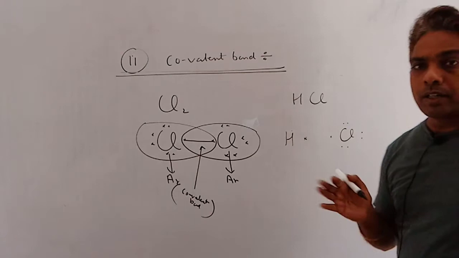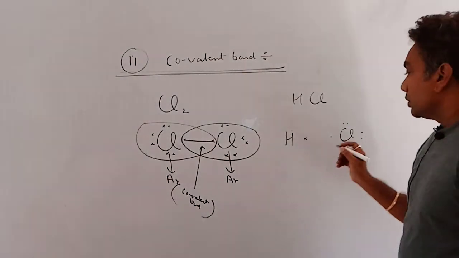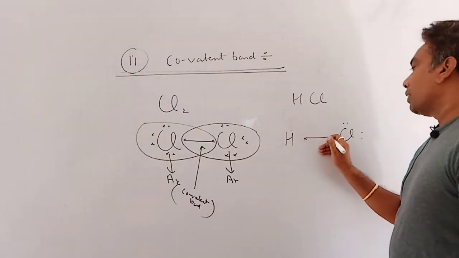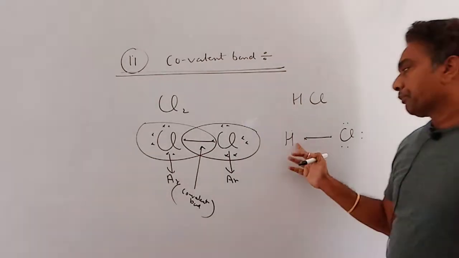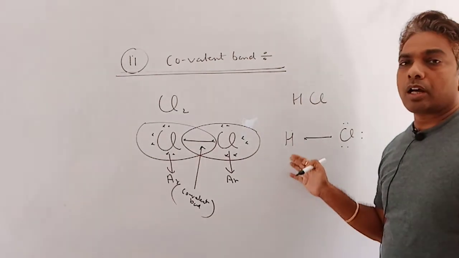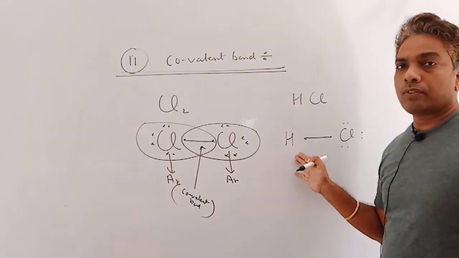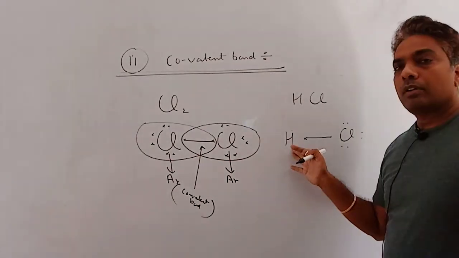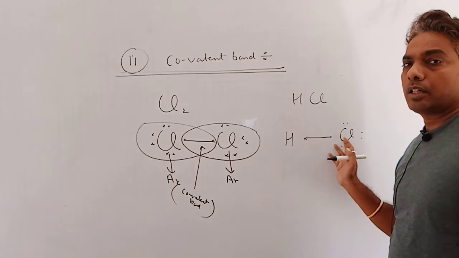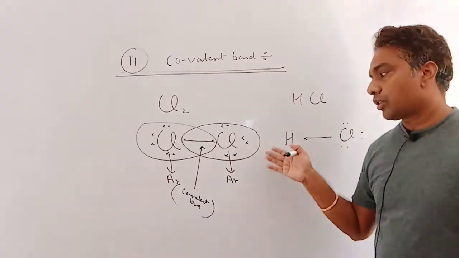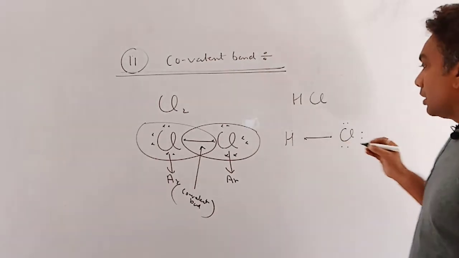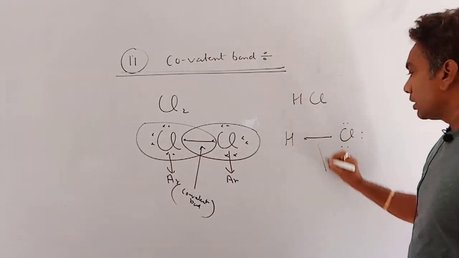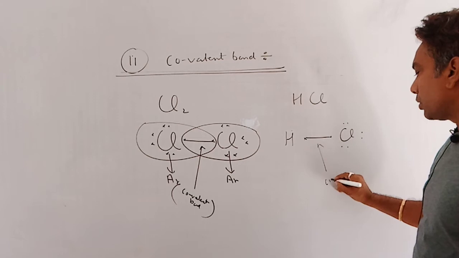So both require 1 electron. So after sharing of 1 electron, it becomes stable, gaining the outermost configuration of helium in case of hydrogen, while the outermost configuration of argon in case of chlorine. Clear? This bond is known as covalent bond.